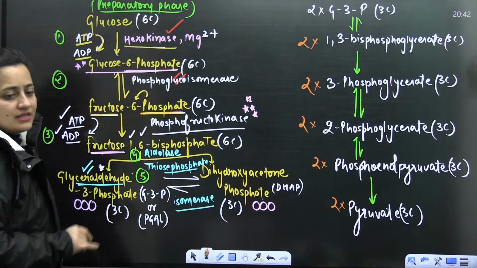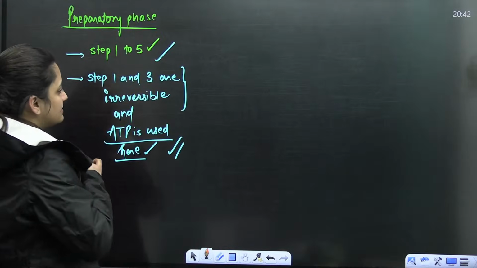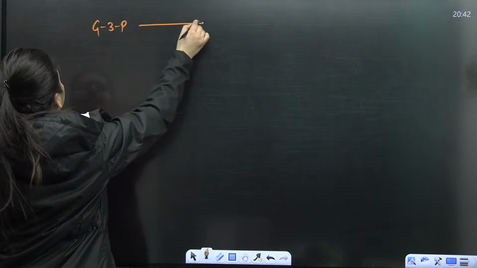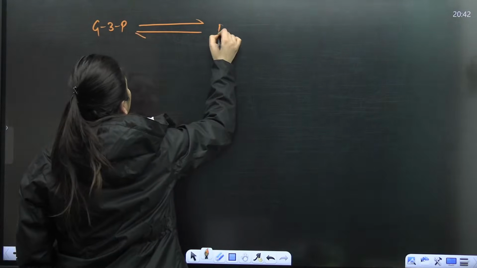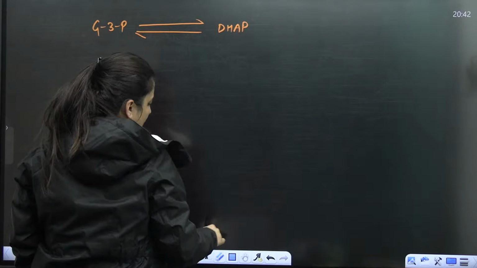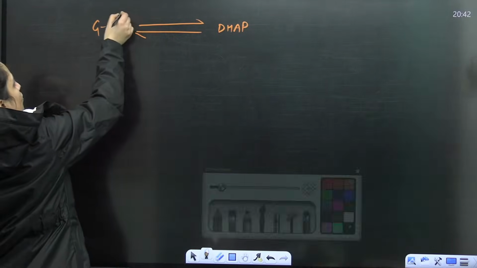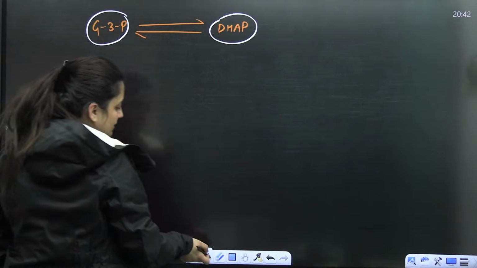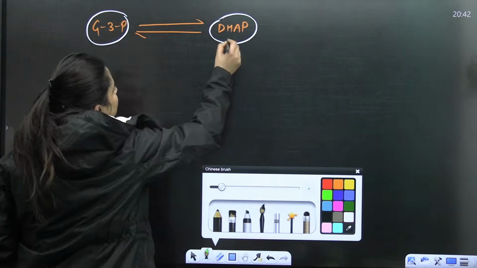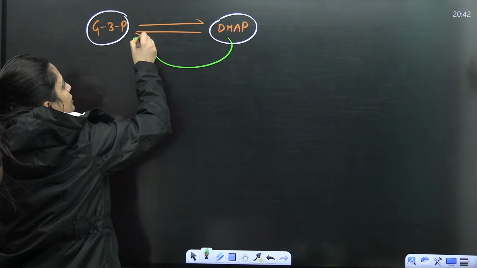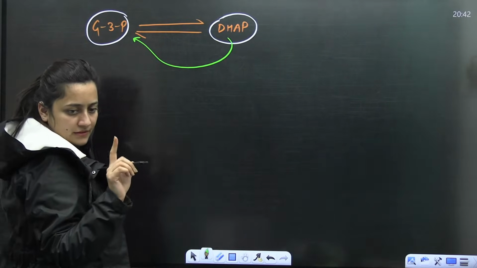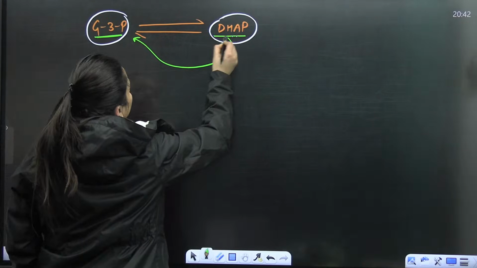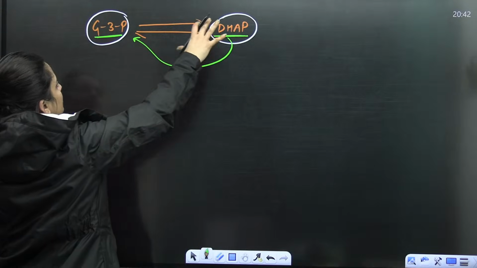Now let's go to the 6th step. What is happening here? You have glyceraldehyde 3-phosphate and dihydroxyacetone 3-phosphate.